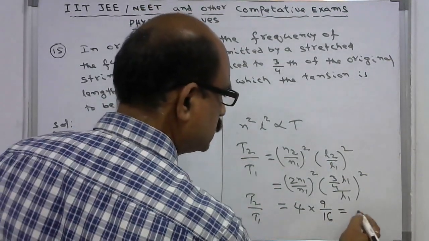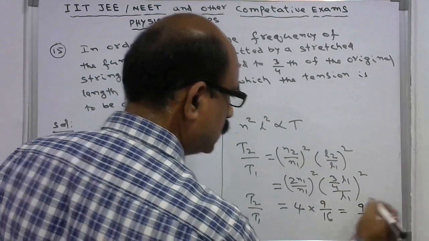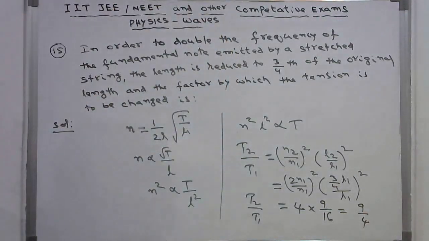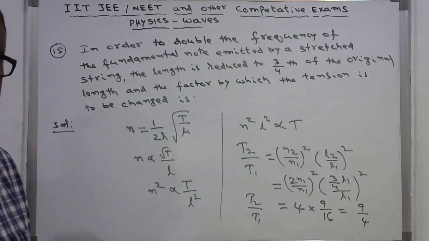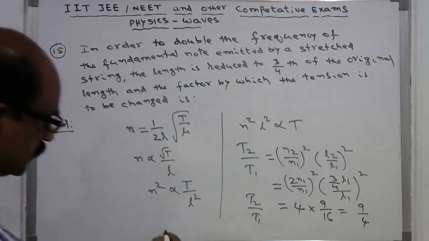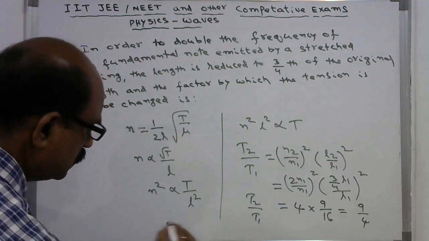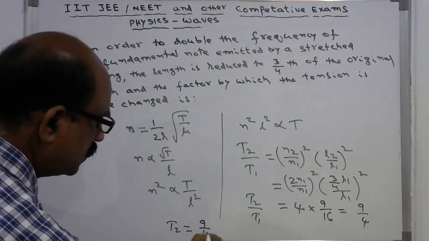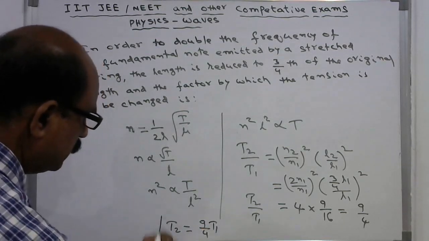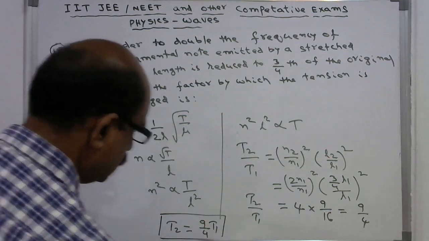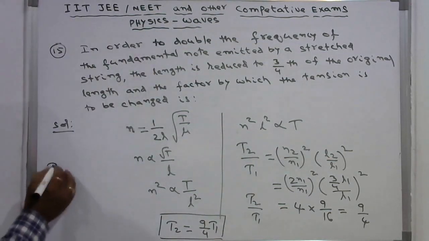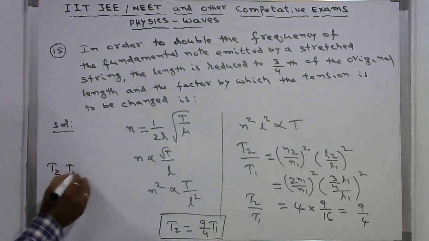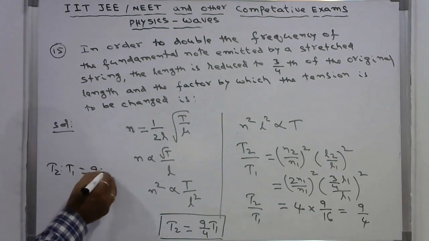So this becomes 9 by 4. So the factor by which the tension is to be changed is T2 is equal to 9 by 4 T1, or T2 is to T1 is equal to 9 is to 4.